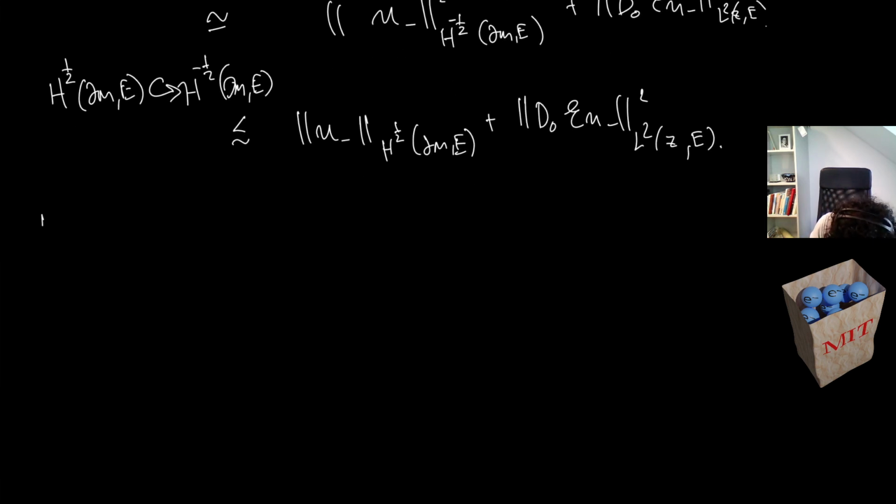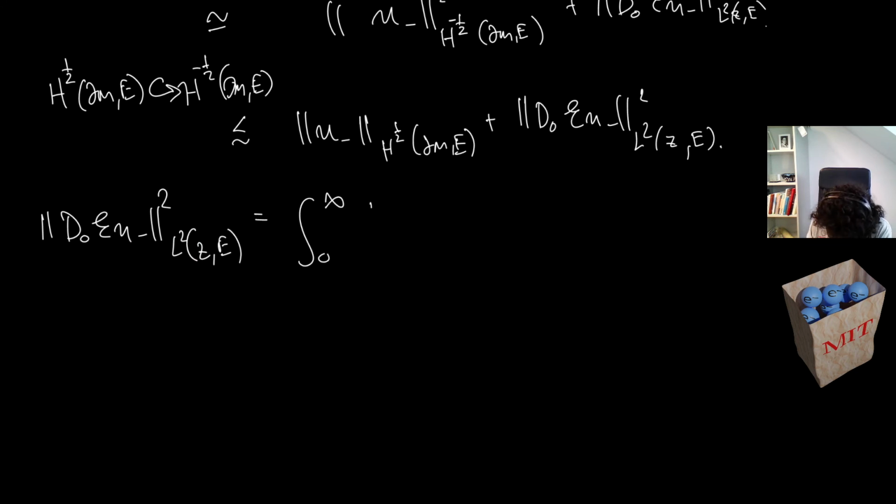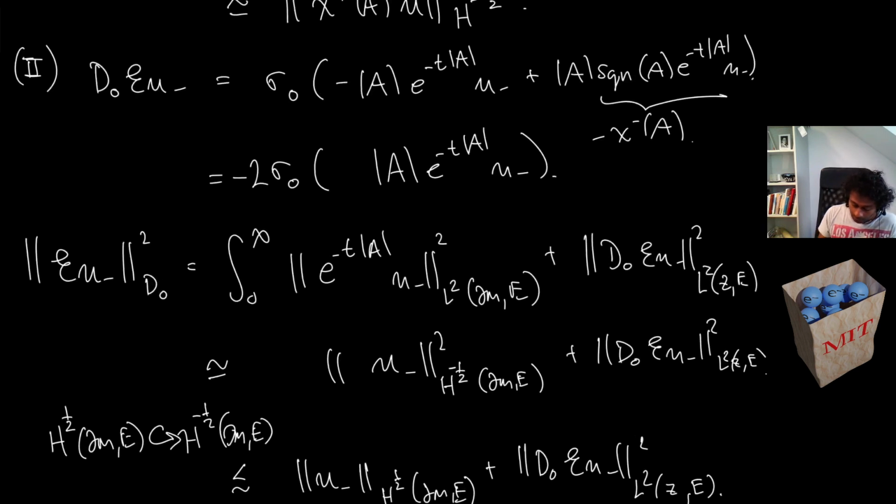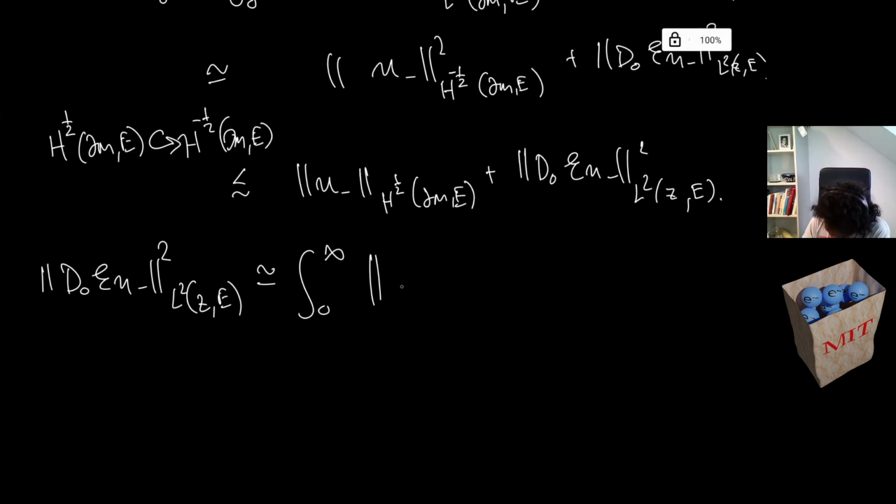So d naught Eu, squared in L2, is precisely, again, the integral from 0 to infinity. I'll write it as comparable to, because I'm going to absorb the constant and the sigma naught. So now we have to bound the integral of the norm of a e to the minus t modulus a of u, squared, dt.